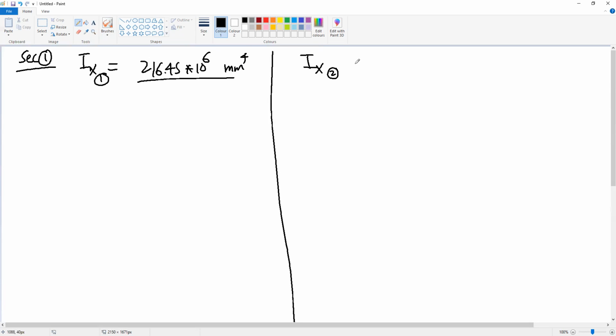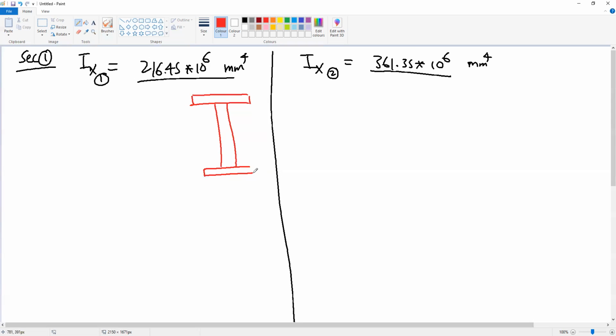Ix2 for section 2 equals 361.35 times 10 to the power 6 millimeter to the power 4. This is the cross section with the dimensions: 15, 150, 30, 200.